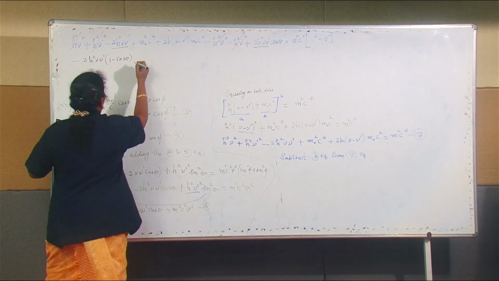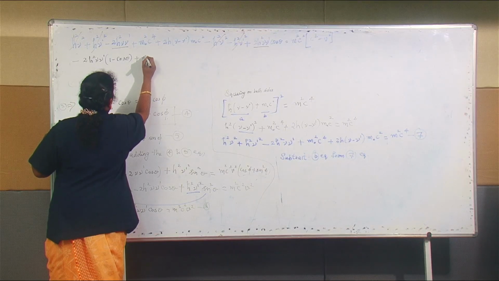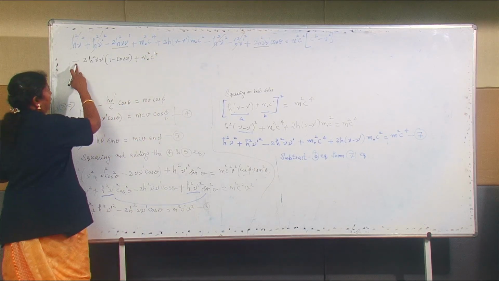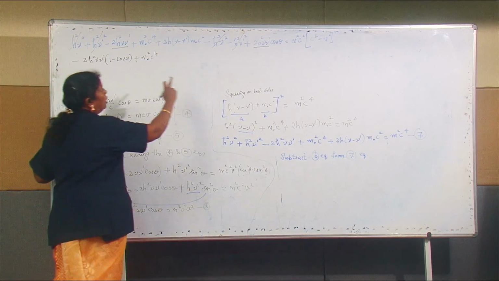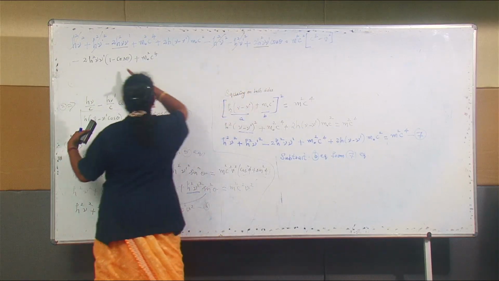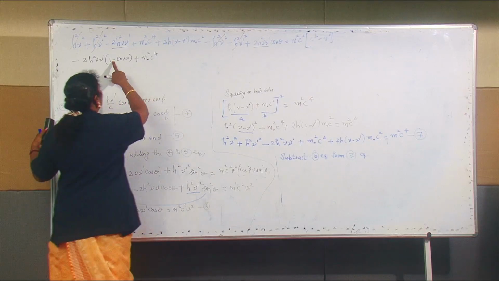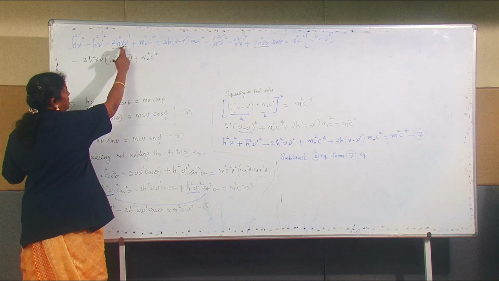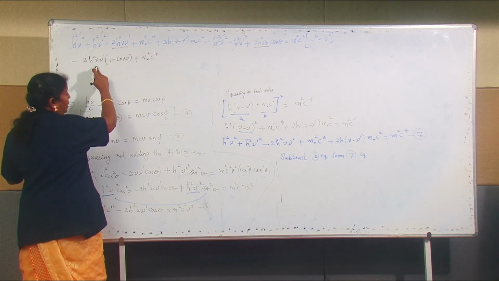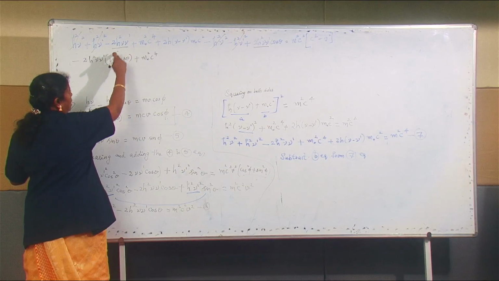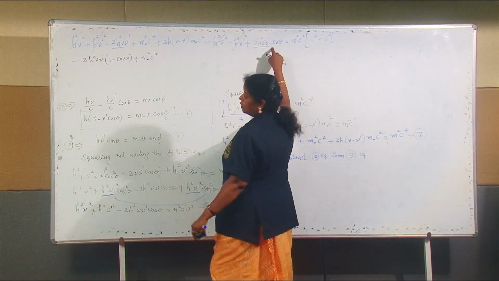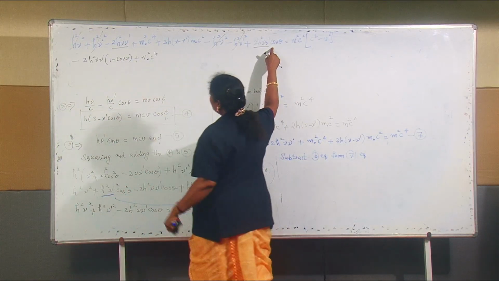Okay, the next term is m naught squared c power 4. Here we already had taken the minus 1, so this plus will be changed into minus, right? Minus into minus again changes into plus. Therefore, minus 2h squared nu dash we have taken as a common term. The remaining one is, here it is 1, and for this term it is minus cos theta.